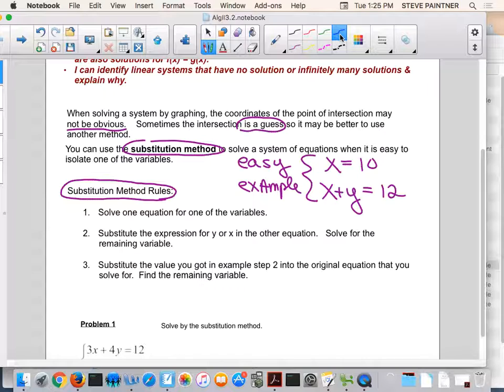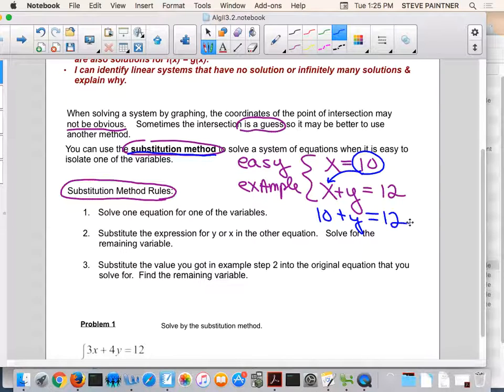X is 10. If you know what x is, can't we substitute it into the other equation? Yeah. So you put it right here: 10 plus y equals 12, and then you come up with y. What's y? 2. 10 plus 2 equals 12, so y is 2.